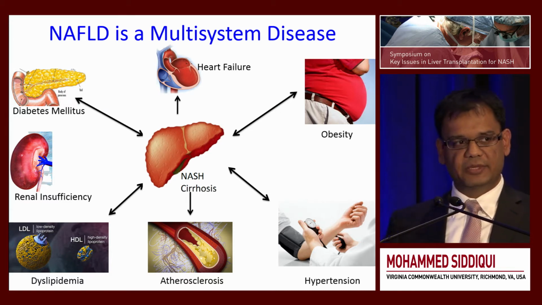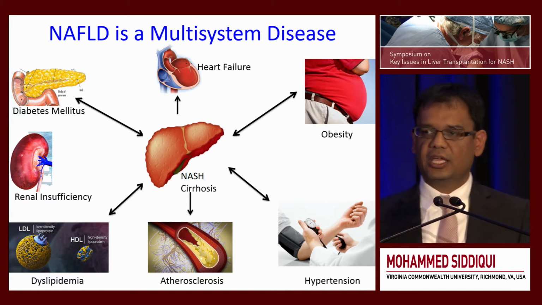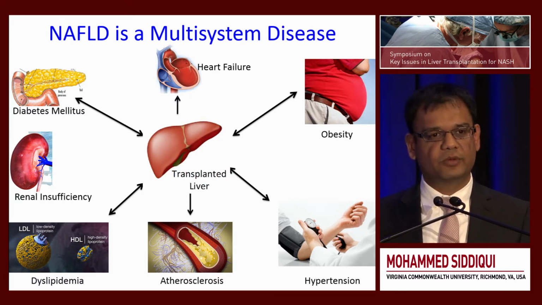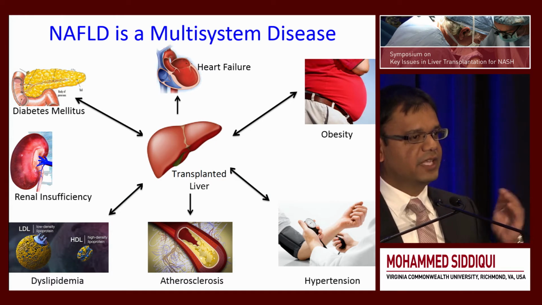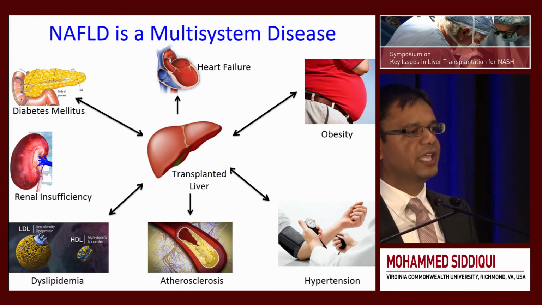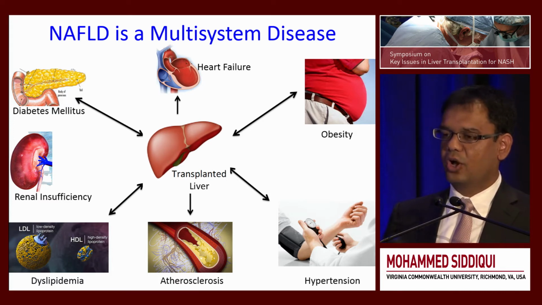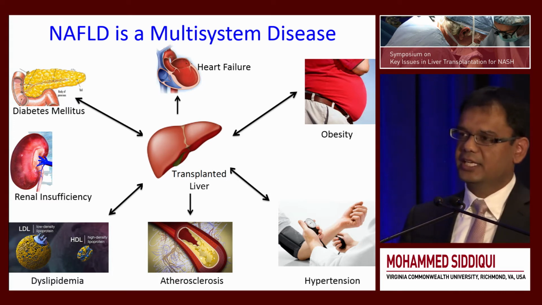Once we are seeing them as transplant hepatologists in clinic, as decompensated cirrhotics, we give them a liver transplant, and what we have done instantaneously is fix the liver problem. They have a fully functional liver, but what we haven't fixed is all these other comorbidities that they came with.